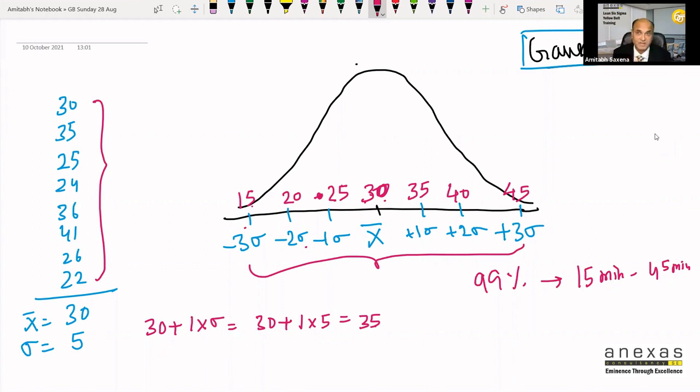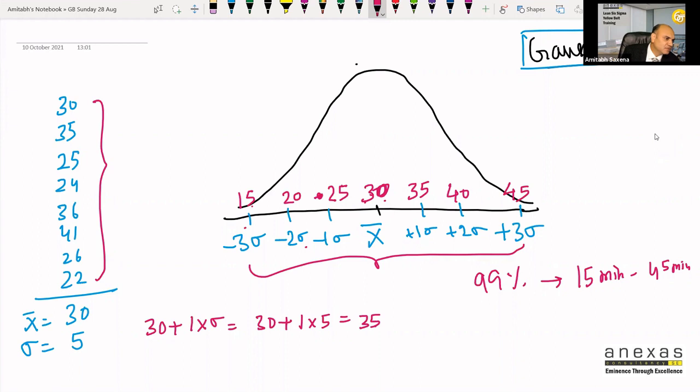You won't take more than 45 minutes, that I'm sure about, and you have to wait minimum 15 minutes. This is about predicting the performance of the process. And if the process is normally distributed, we say the process is predictable. Up to here, are you with me?